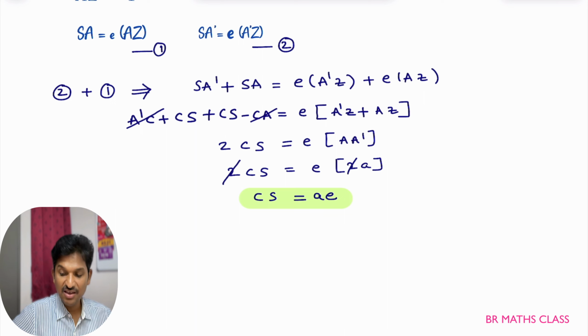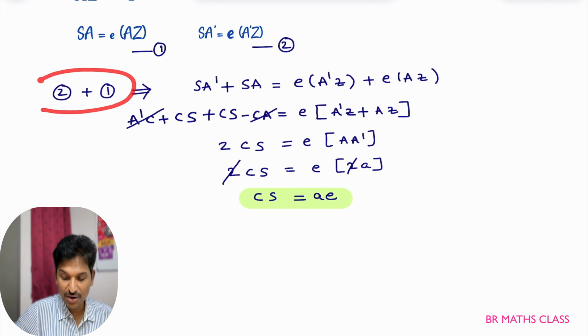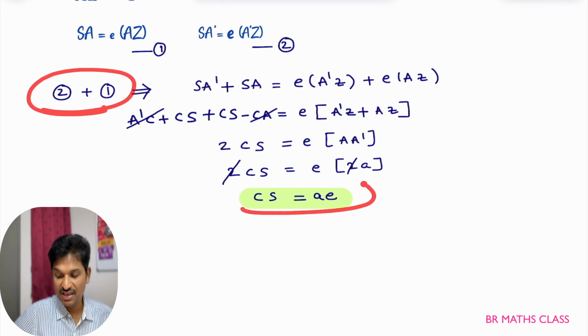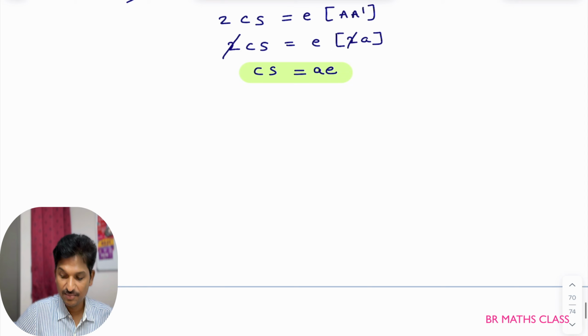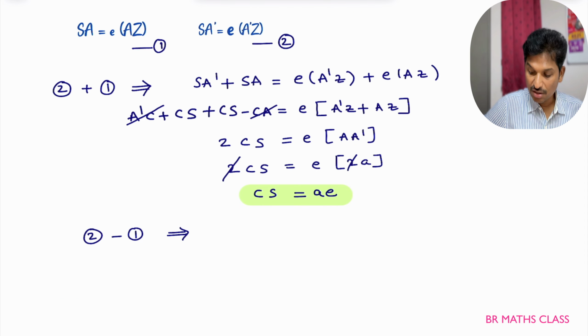CS is AE. We are in the second part now. In the first part we added equation 2 and equation 1, and we got CS. Now I'll subtract equation 1 from equation 2. In equation 2, the left hand side is SA dash minus SA, and the right hand side is E times A dash Z minus AZ.